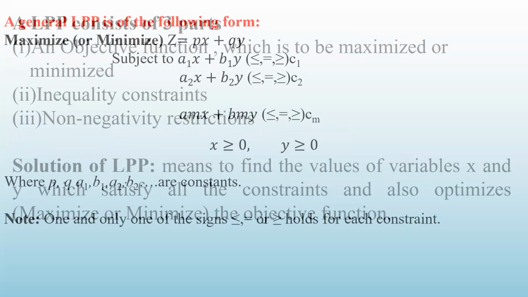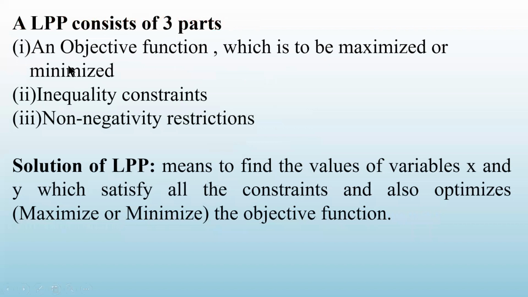As I told you, the linear programming problem consists of three parts. The first part is called an objective function, which is generally denoted by capital Z, and which is the function you have to maximize or minimize as the case is. Now, in any organization, the main aim is to maximize the profit and to minimize the cost of production, cost of manufacturing.